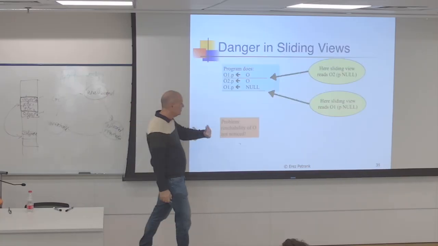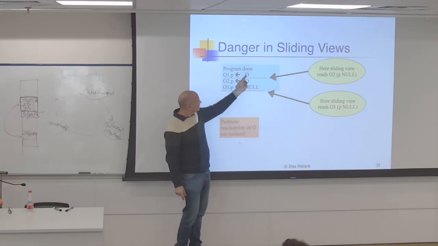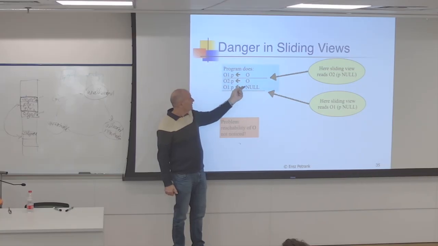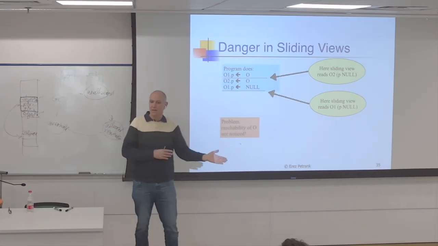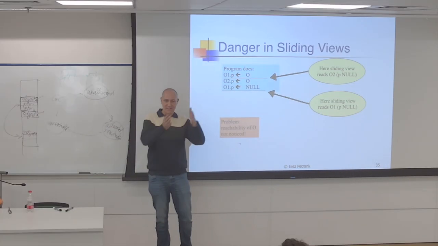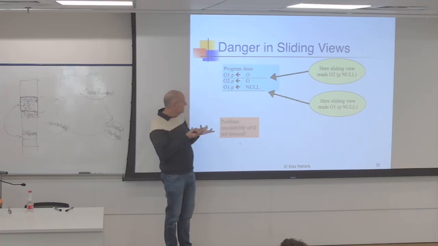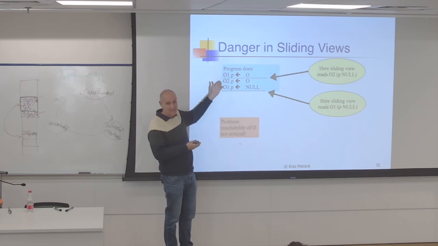Let's see the simplest example. I'm taking O, and it is reachable from O1, and then I erase it from O1 and put it in O2. I'm moving it. It's reachable from O1, and then it's reachable from O2. Now, if I had a snapshot, I would see it either in O1 or in O2.